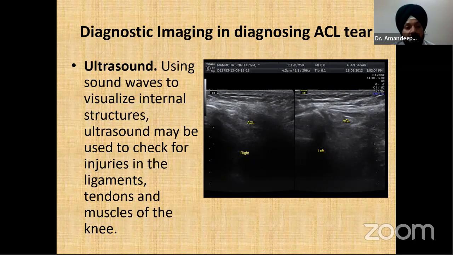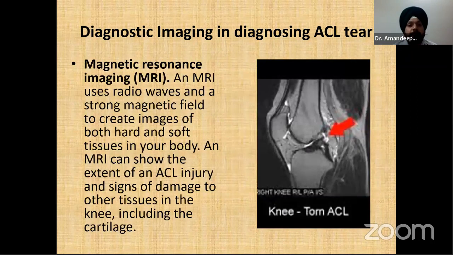You must be aware that we use sound waves to visualize the internal structures. We cannot find out the extent of the injury, but an impression can be taken with ultrasound as to whether there is any injury to the ACL or not.